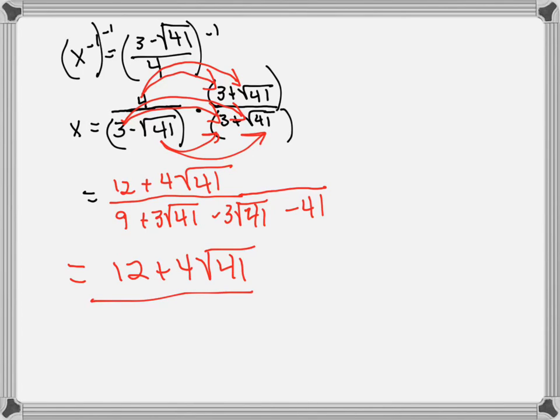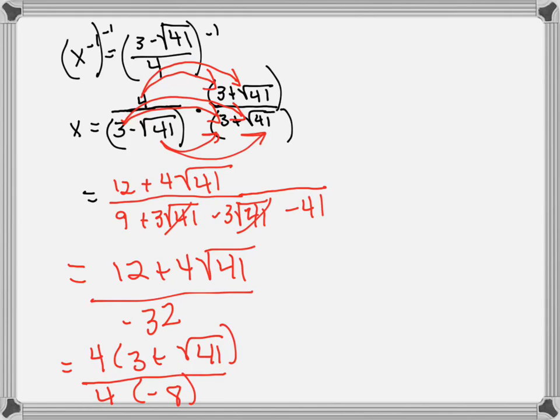So I have 12 plus 4 radical 41. My radicals cancel out again. 9 minus 41 is negative 32. And then if I factor 4 out of the numerator, I'm left with 3 plus the square root of 41 in parentheses.